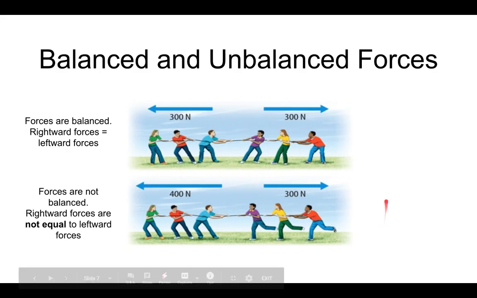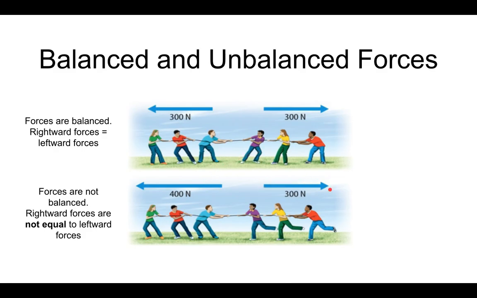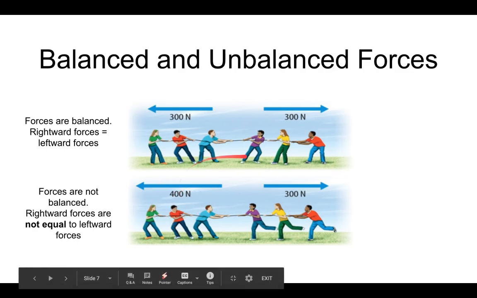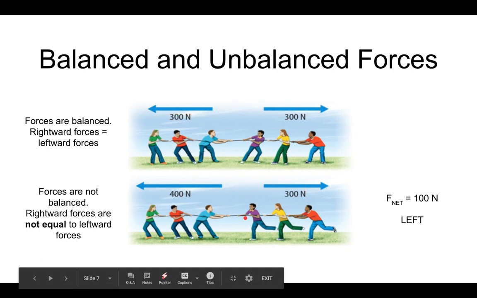Okay, so what we do here is we have 400 newtons, that's going one direction, and then I'm actually going to subtract this because this 300 newtons, that's taking away from the 400 newtons here, okay? So 400 minus 300, I get a net force of 100 newtons, and what's the direction of our net force? You're right, it's to the left. Good. All right, so these are balanced forces here, unbalanced forces here.